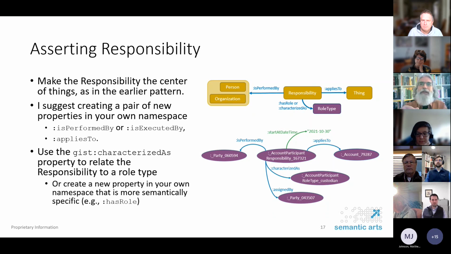It has a start time. Presumably one day it would have an end time. But who made this party the custodian on the account? Well, it's this other party it was assigned by. So by doing this, you now can answer a variety of things about the role being performed, with no ambiguity, or I hope there's no ambiguity.